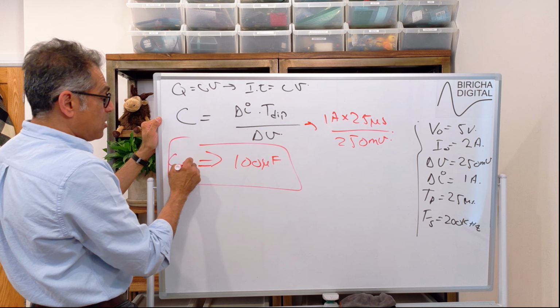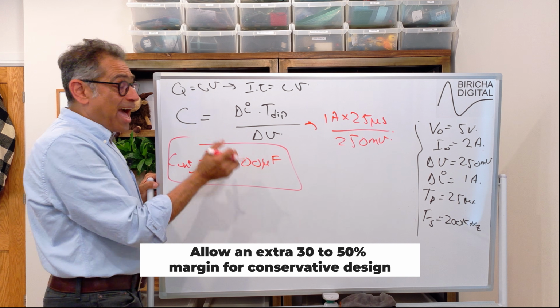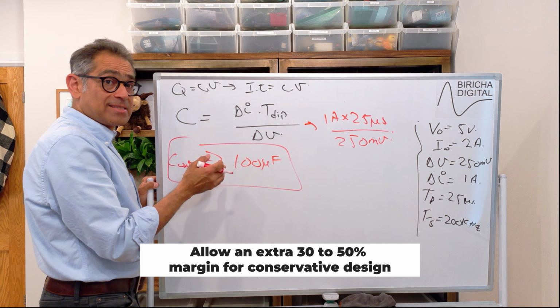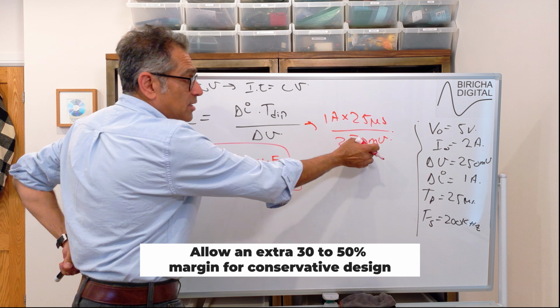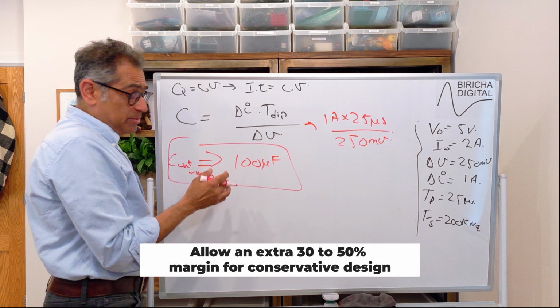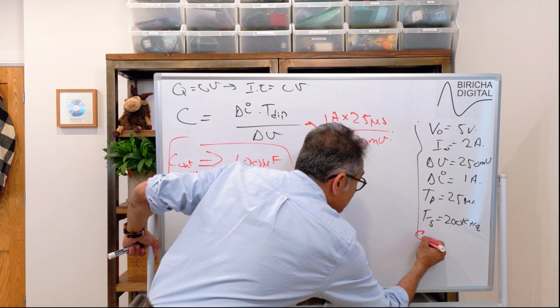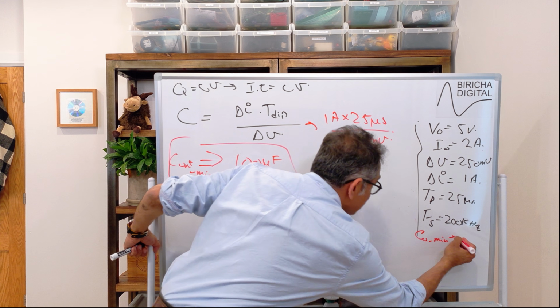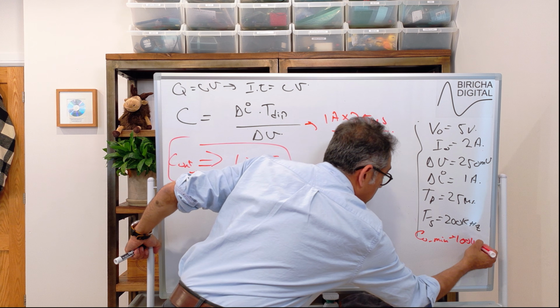That's C out min. There we go. So this is the absolute minimum capacitance that we need so that we do not violate this requirement over here. I can have more than this, but for sure I cannot have less than this. So we're going to say C out min has to be bigger than 100 microfarad.